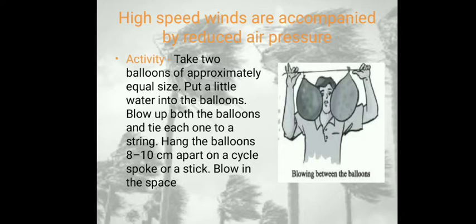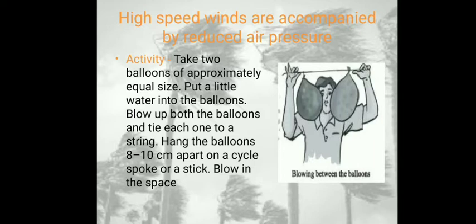Again, why does this happen? This is the same concept: high speed wind is accompanied by reduced air pressure. When this boy blows air in the area between the two balloons, the pressure in that area becomes less, as we have already discussed.